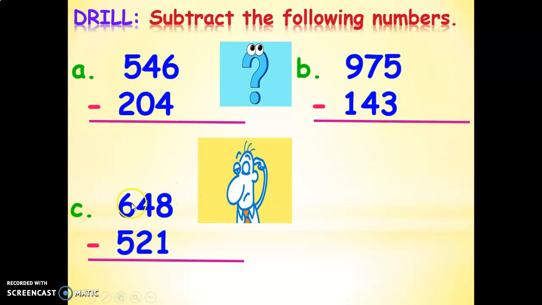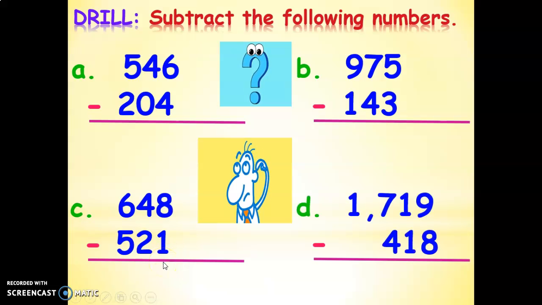For letter C, it's 648 minus 521. And for letter D, we have 1719 minus 418.